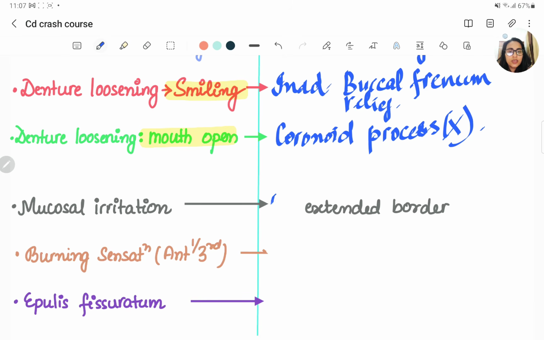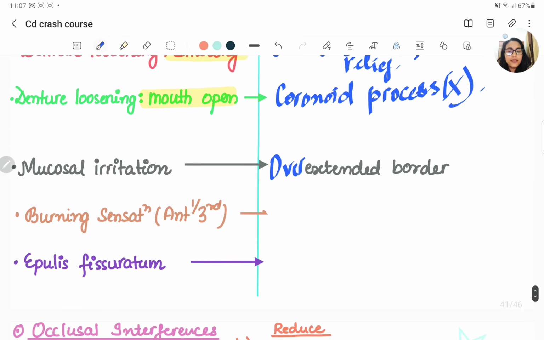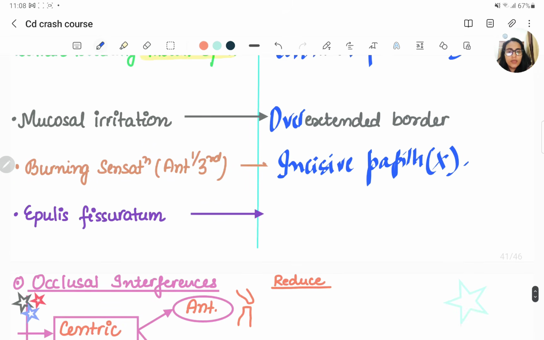Mucosal irritation is seen with overextended borders. Burning sensation in the anterior one-third of the maxillary denture is because of the incisive papilla which is not relieved. Epulis fissuratum is seen with an ill-fitting denture. So loose tissues we see with ill-fitting dentures.